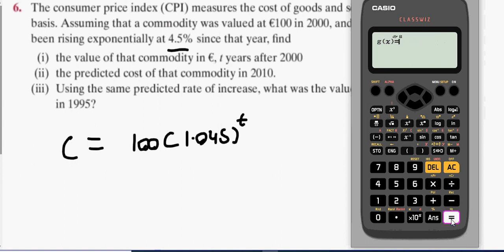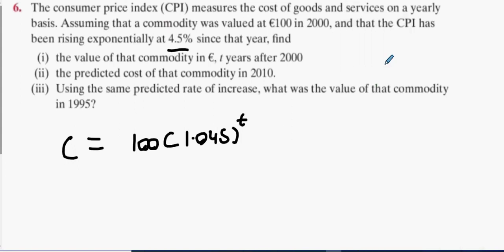Then go from 0 to, let's say, 20, step of 1. What you see here is every year it increases by 4.5%. Is that okay? In 7 years' time, you're going to be at 136. That's handy enough.